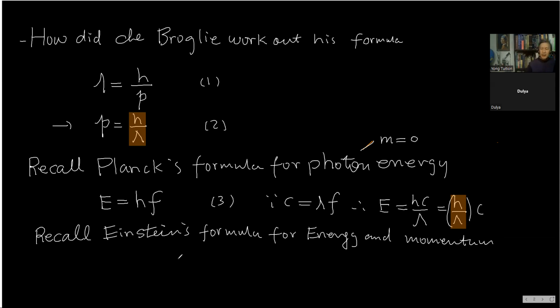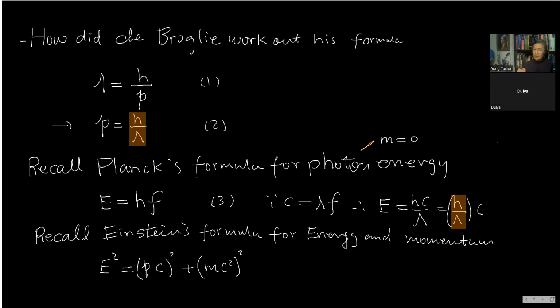Here I just write down his result because you haven't seen this part, right? So Einstein says the total energy squared will equal to P multiplied by C squared plus M C squared, all squared.